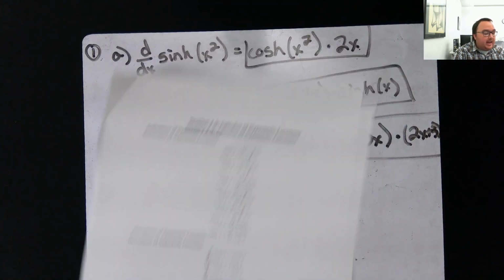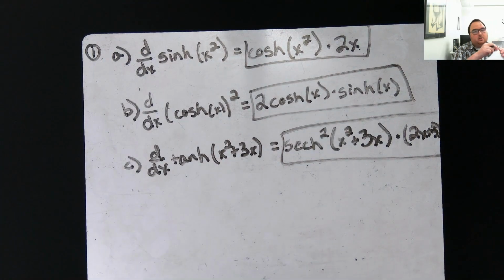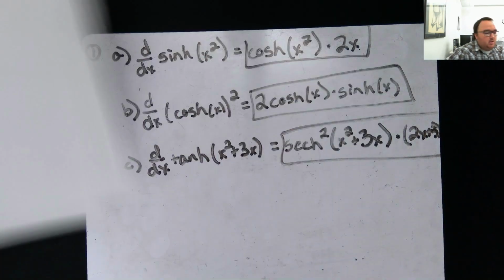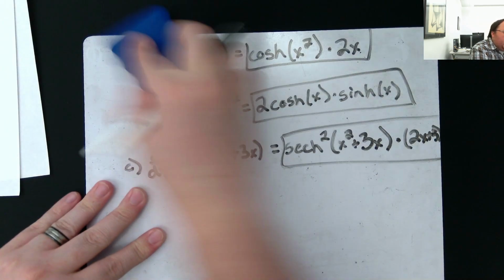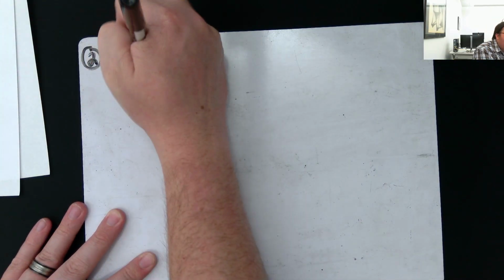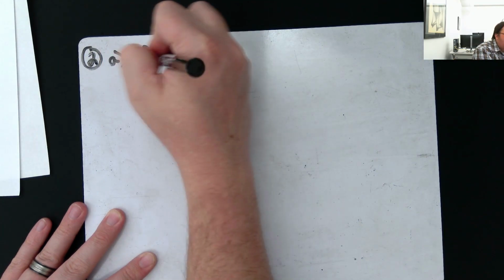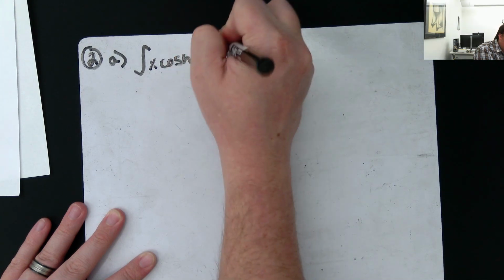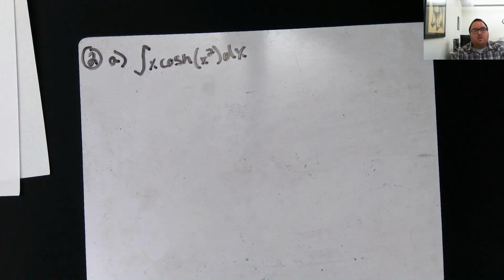Example number 2 asks us to evaluate the following antiderivatives. And we're going to be doing these 3 examples right here. Example 2a: the integral of x hyperbolic cosine of x squared dx.